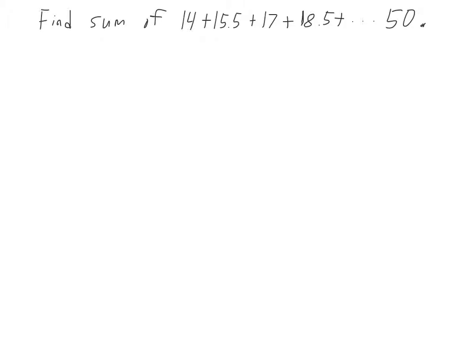In our next example here, we're looking to find the sum, and we have another series. We can see that it's arithmetic, since it's going up by a common difference. It appears that the common difference is positive 1.5. And then notice we have our last term of 50. That represents our last term, u sub n.